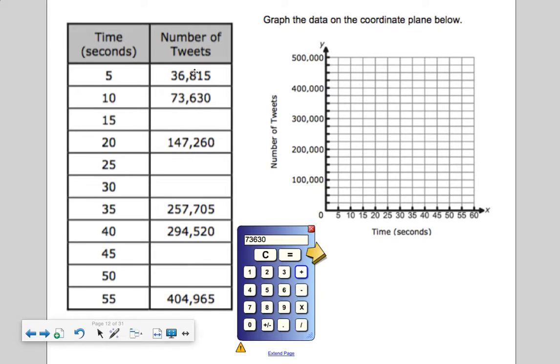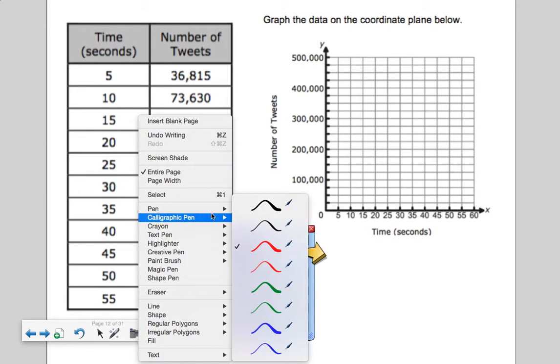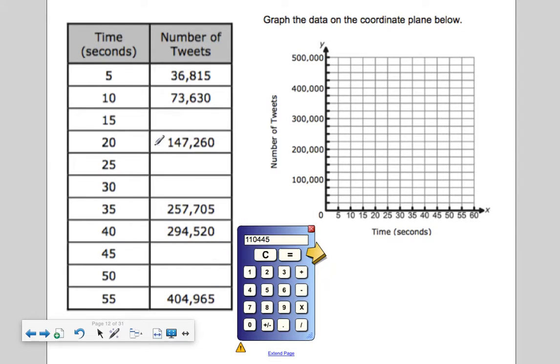So 36,815 plus 73,630 would be, let's write that down, 110,445 tweets in 15 seconds.